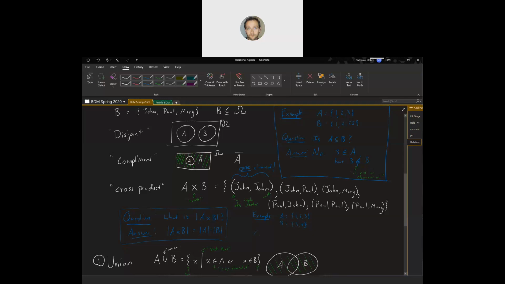So, question. Is A a subset of A cross B?